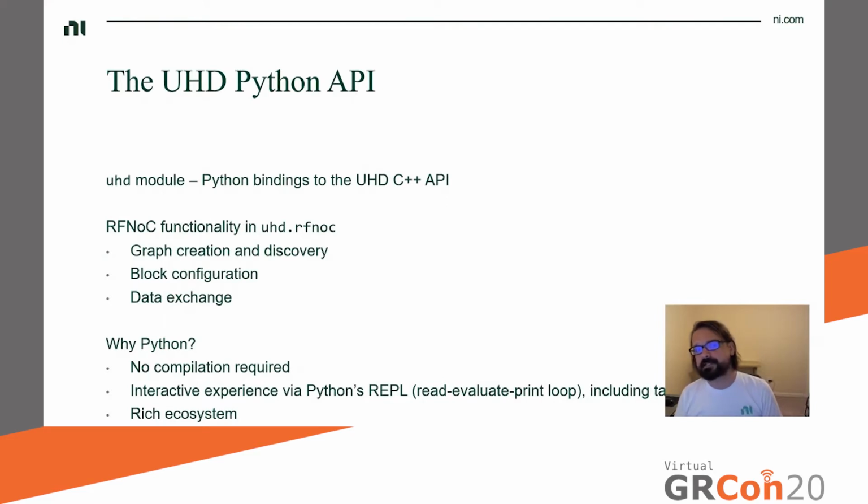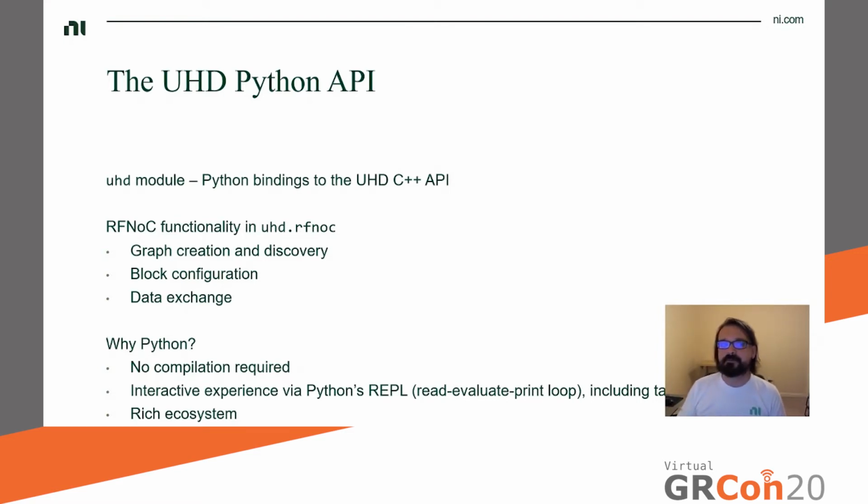UHD 4.0 ships a UHD Python module which provides Python bindings to the C++ APIs. There are several submodules within the UHD module. The USRP module implements what we call the multi-USRP API, which is a slightly higher level API than this RFNoC level API, but it works across the gamut of all USRP devices.